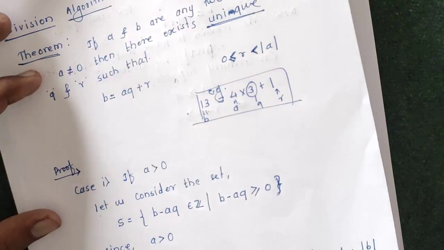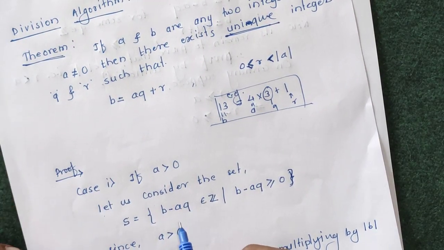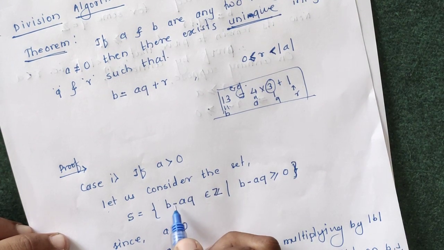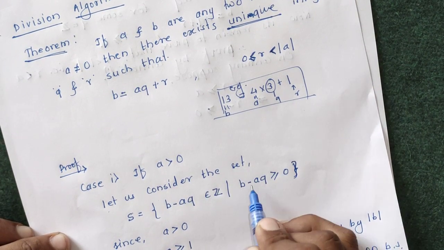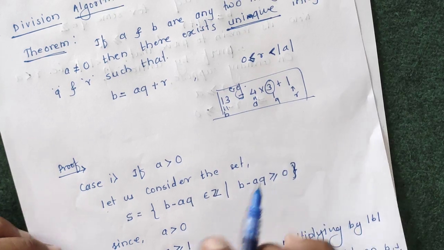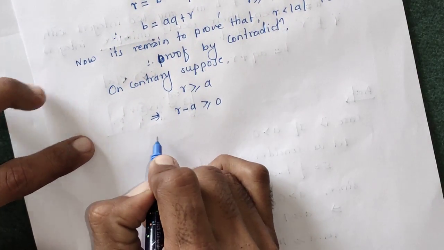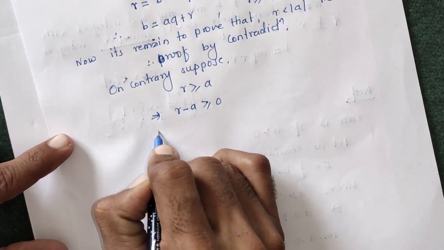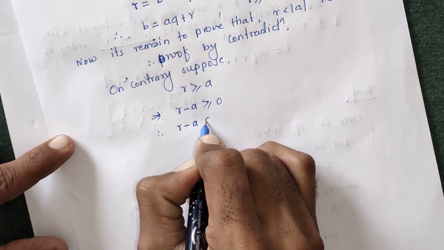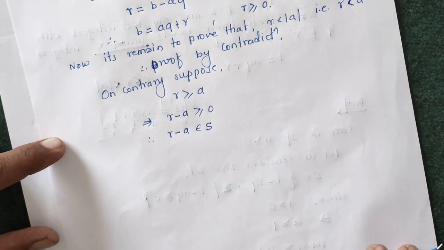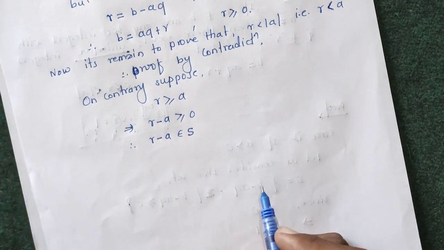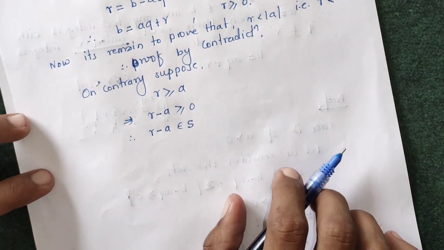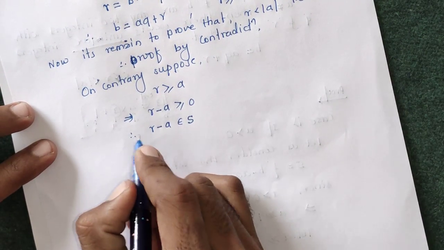So this element r minus a belongs to our set S.